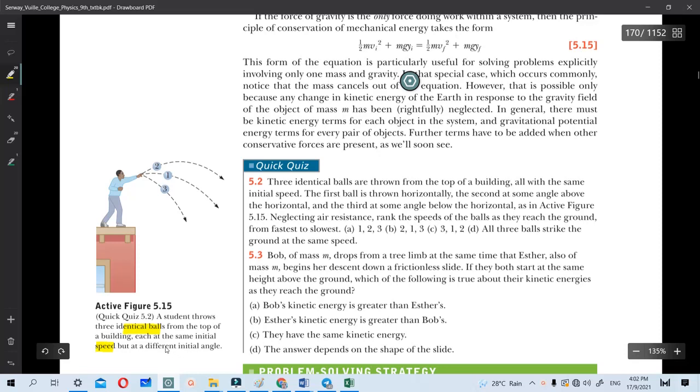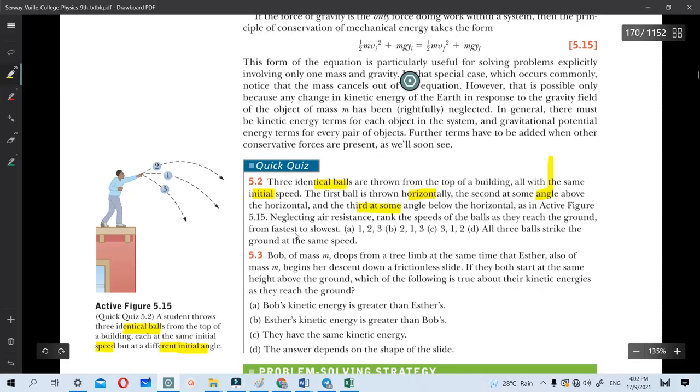But the only difference is the different angle, like a projectile, right? But you will find that from the topic of conservation of energy, when these 3 identical balls have the same initial speed and same height, one is thrown horizontally, second at an angle above horizontal, and one below.